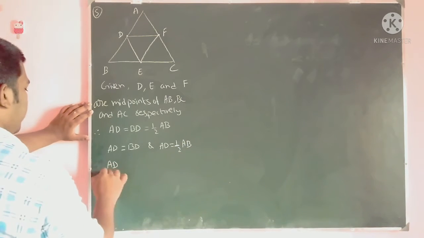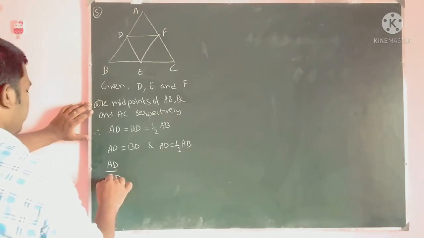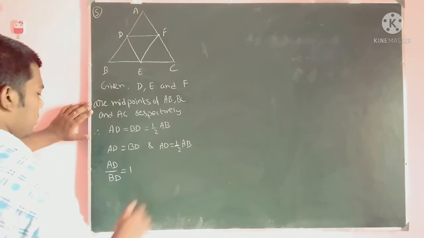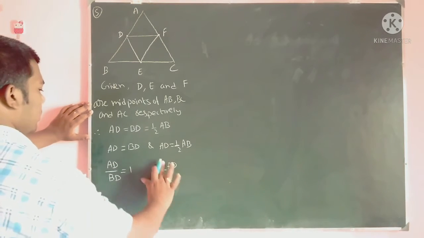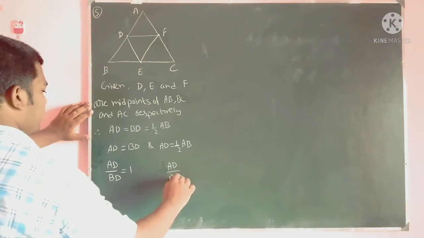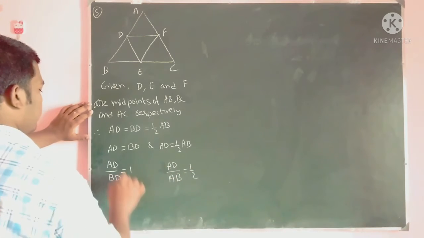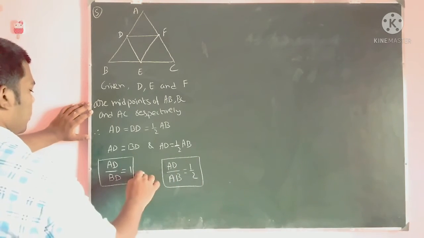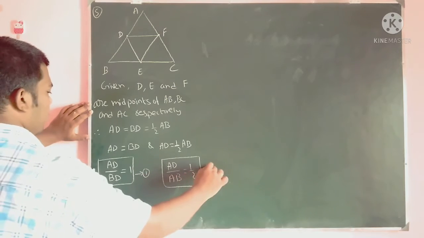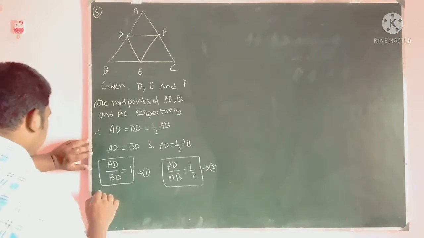So by this we can write AD by BD is equal to 1 and here 2 times AD, otherwise AD by AB is equal to 1 by 2. Suppose this is 1 and this is 2.